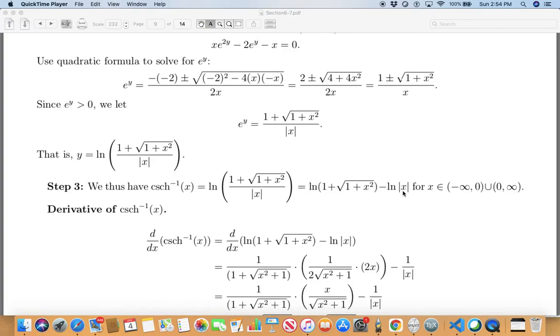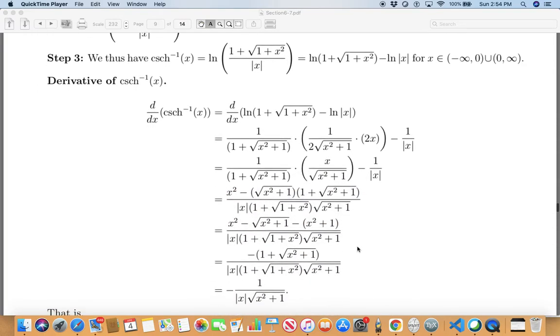Once you have all of that, you want to take the derivative of this minus the derivative of this. So the derivative of the first, chain rule, minus the derivative of the second. I have maintained absolute value to make sure we are in the correct domain.